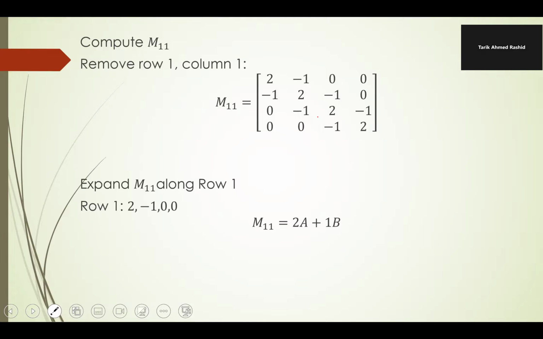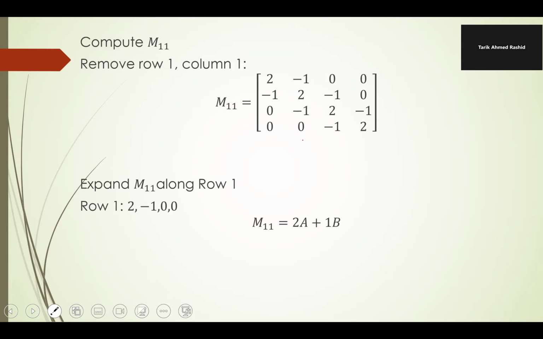So removing the first row, 2 minus 1, 0, 0, and removing the second column, we would have minus 1, minus 1, 0, and 0, 2, minus 1, and 0, minus 1, 2.